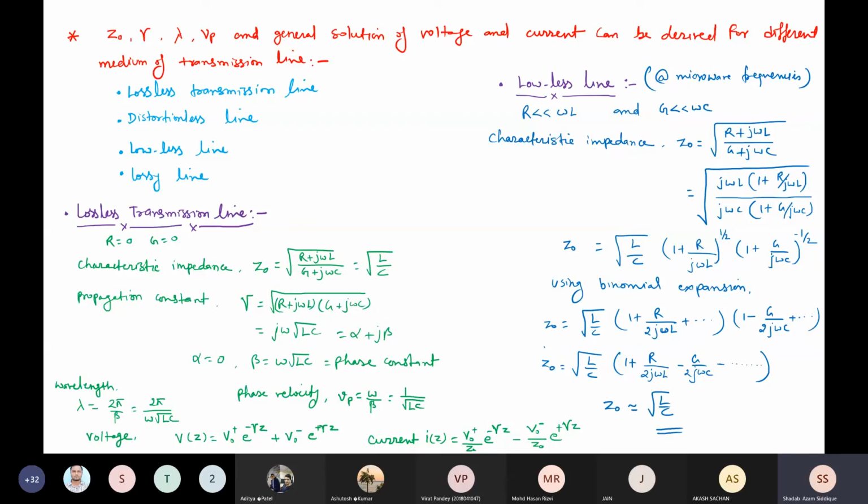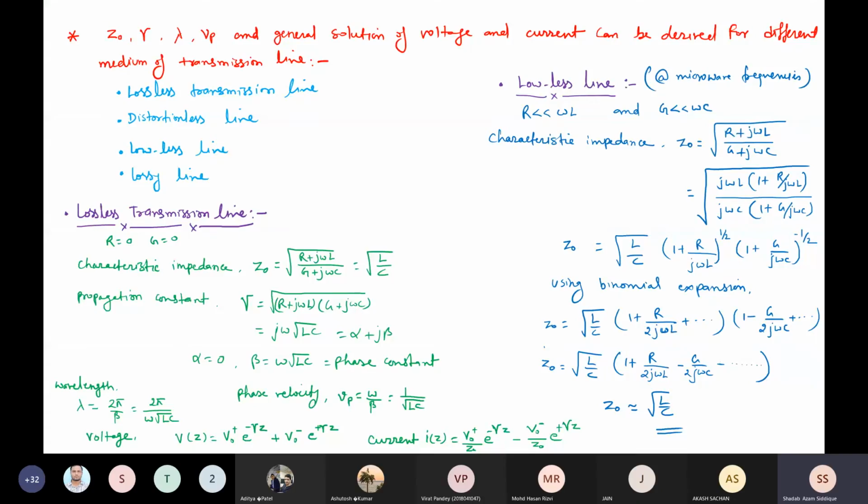For these different mediums, we have different characteristics for the transmission, like characteristic impedance, propagation constant, wavelength, phase velocity, and the general solution of voltage and current for the transmission line, which will be altered.